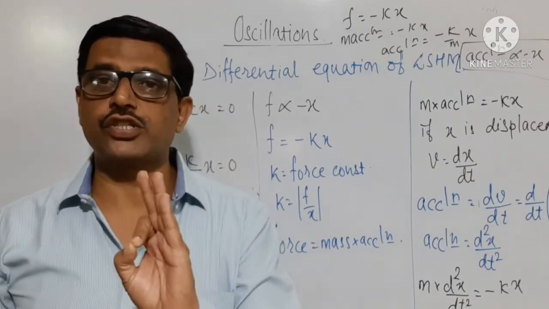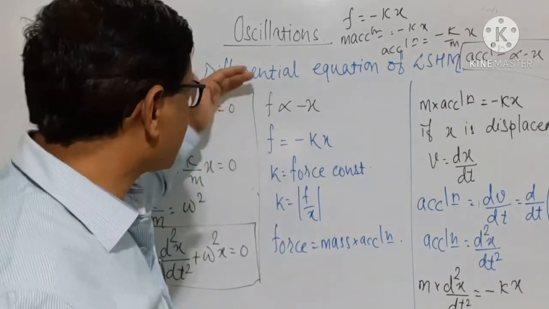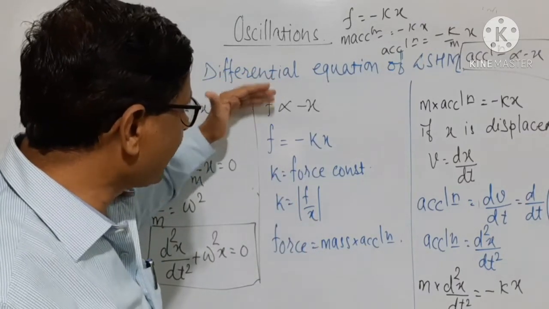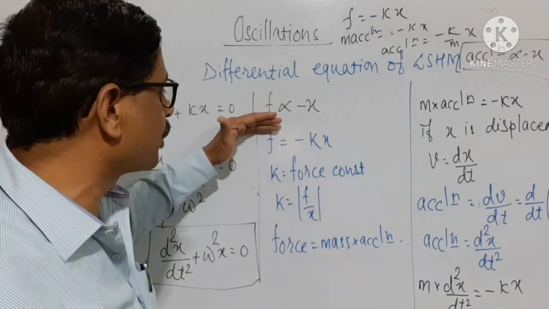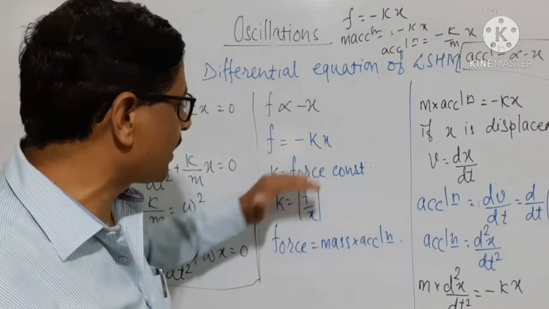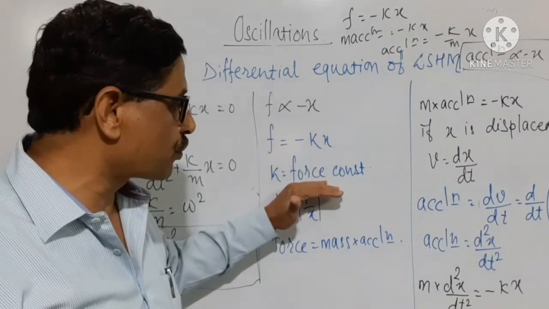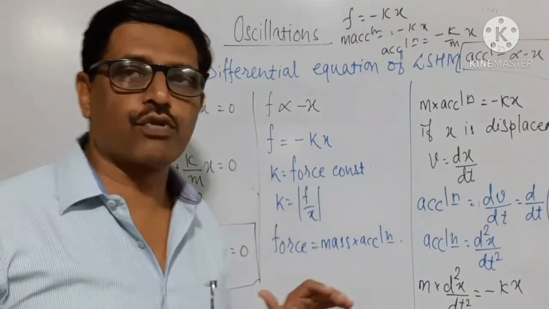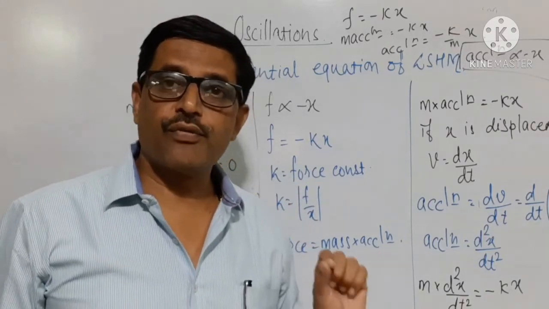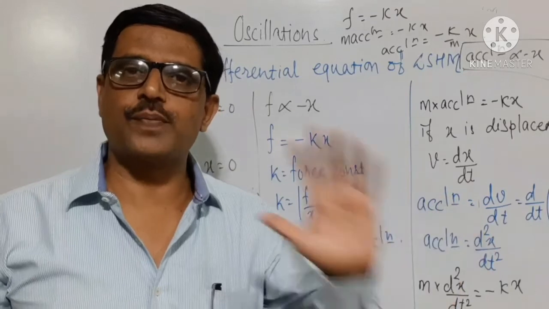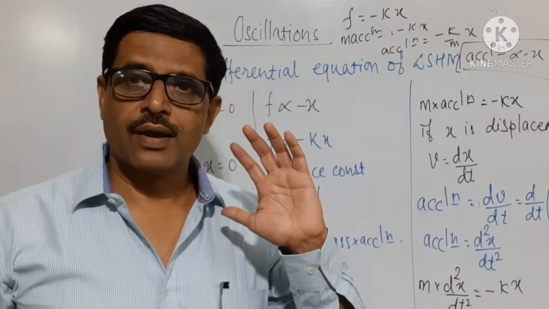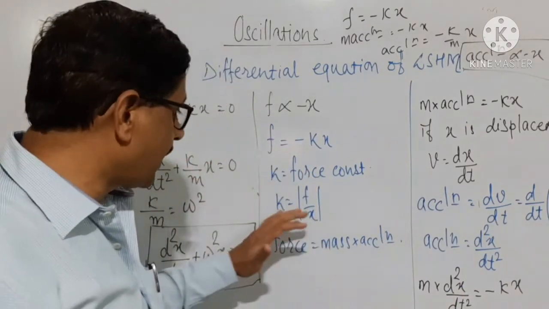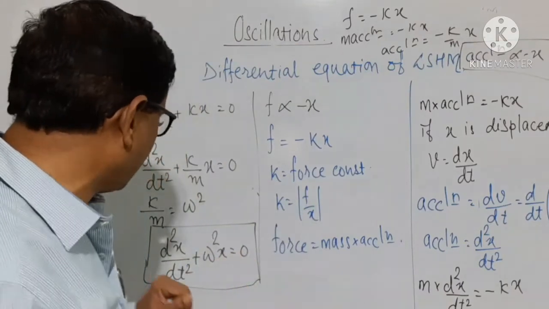With this definition, we started with the equation of linear simple harmonic motion as F is equal to minus kx, where k is the force constant. Actually, force constant is force per unit displacement. This k is force per unit displacement.